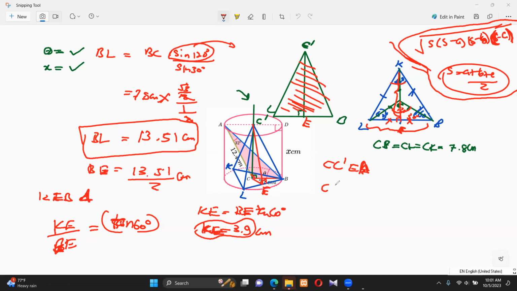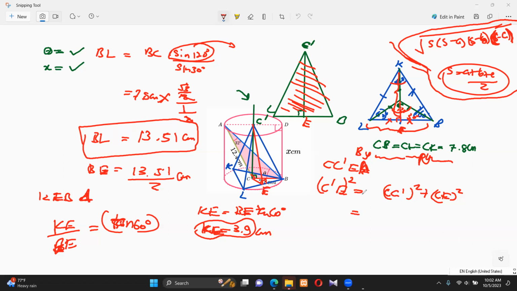By applying the Pythagoras theorem on the C prime E right triangle, C prime E squared equals C prime squared plus CE squared. So C prime equals a little x, nothing else. It's just the perpendicular height of this cylinder, right?